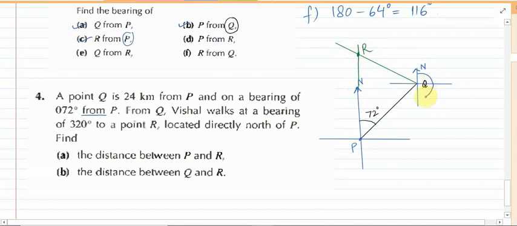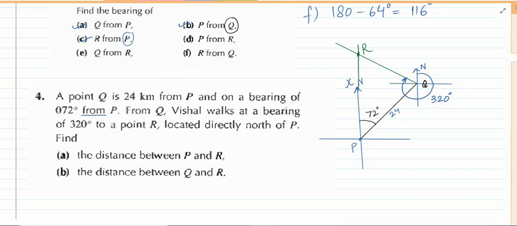So this whole angle is 320 degree, right? Find the distance between P and R. P and R, that means you need to find this distance X. And we have the distance from P to Q, it's 24 kilometer as given. Right, so that is our question.